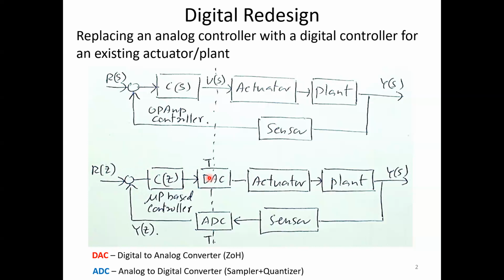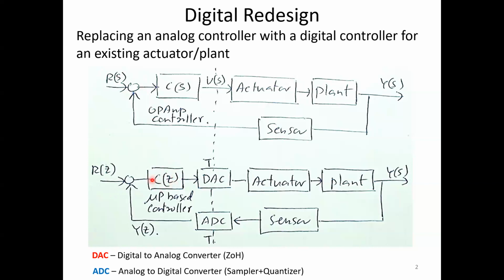Now, if you look at what's on the left hand side, discrete controllers cannot accept analog signals like over here. This R(s), once you get Y(s) over here, the difference is R(s) minus Y(s), and it is the error E(s), a continuous time signal.